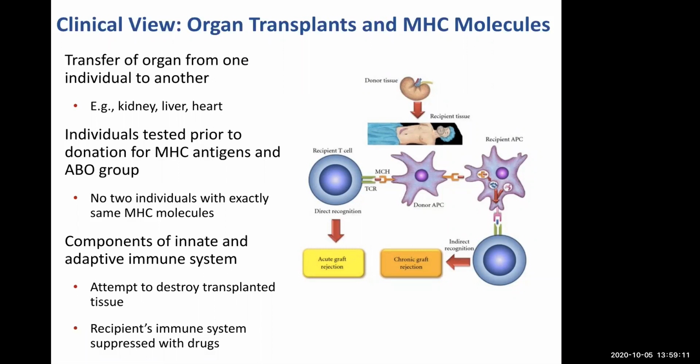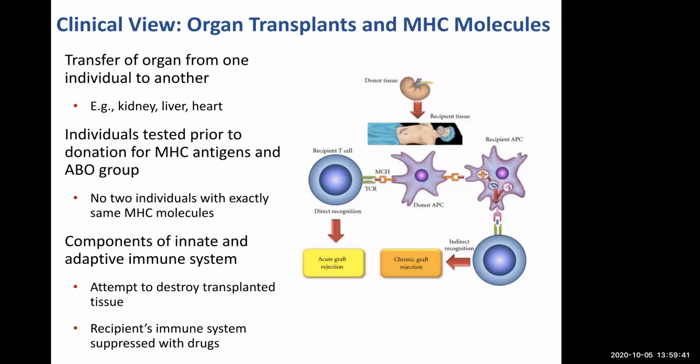So the only time that you don't really worry about this would, of course, be an identical twin. If you had an identical twin and you needed a kidney, you wouldn't have to worry about compatibility because your MHC molecules would be identical. If you don't have an identical twin, and most of us don't, the next best thing is to try and find a close match. Oftentimes, statistically speaking, you're more likely to find those matches familially.